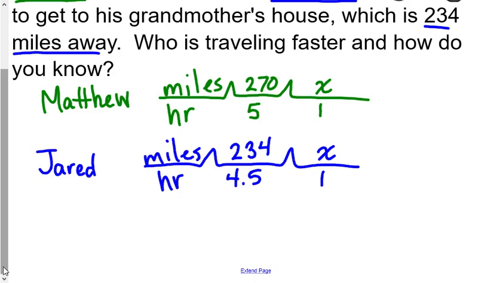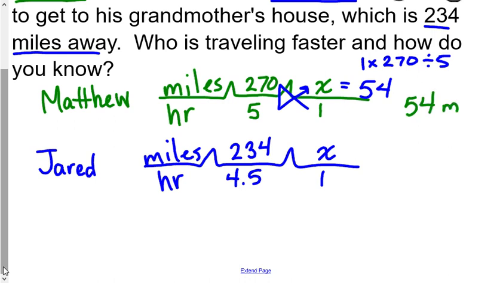So for Matthew, we're going to cross multiply 1 times 270 divided by 5. And when we do that, we're going to get 54. So that means Matthew was traveling at a rate of 54 miles per hour. You might have seen MPH before, to stand for miles per hour. He was traveling 54 miles per hour.